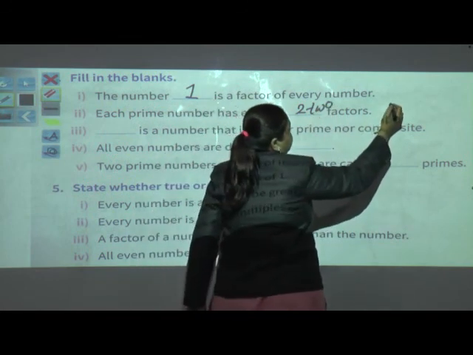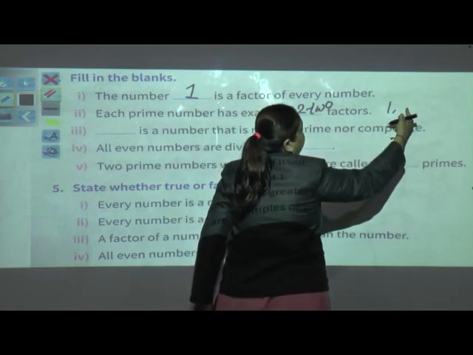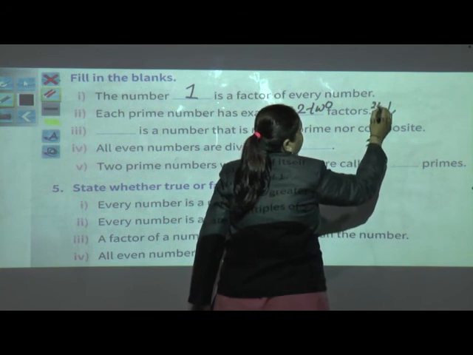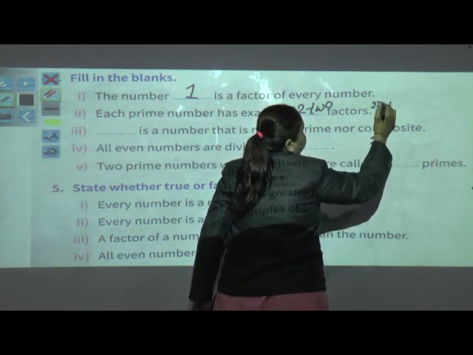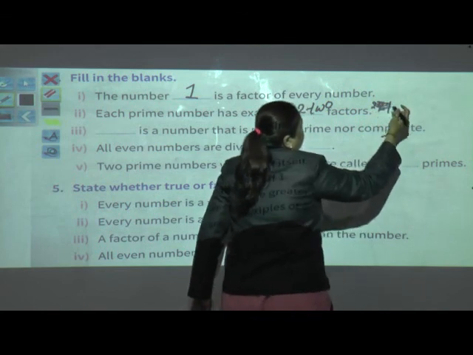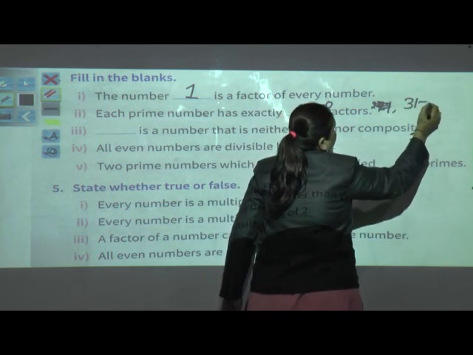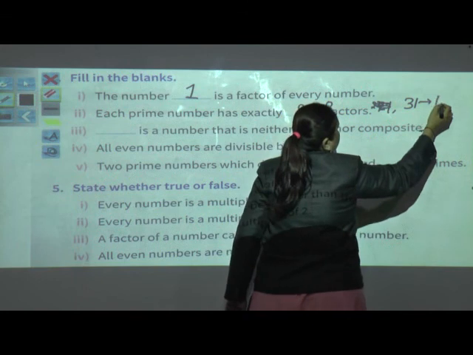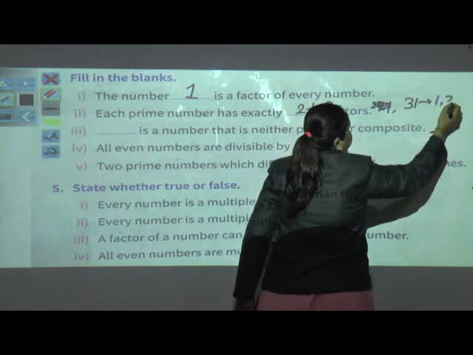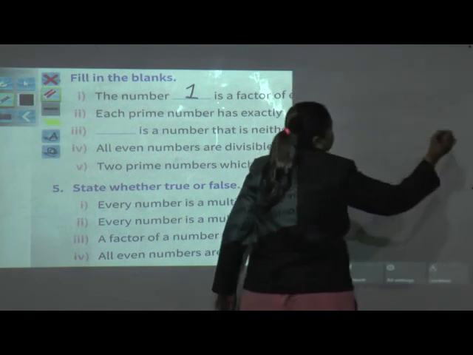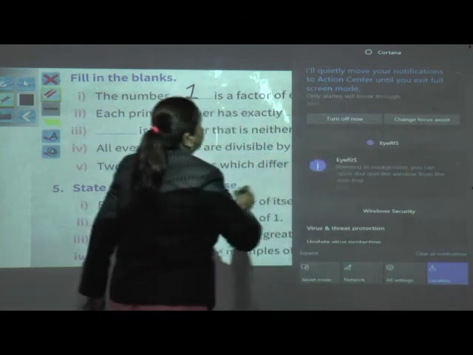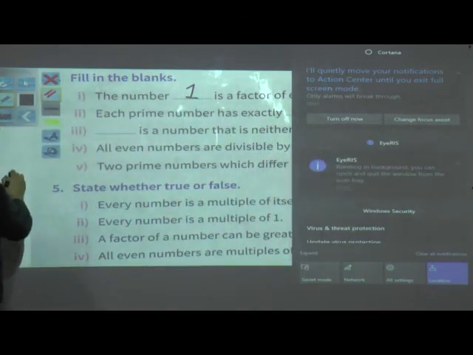And what are the factors? 1 and the number itself. Suppose it is 27. Suppose it's 31. What will be the factors of 31? 1 and the number itself, which means how many factors? 2 factors.